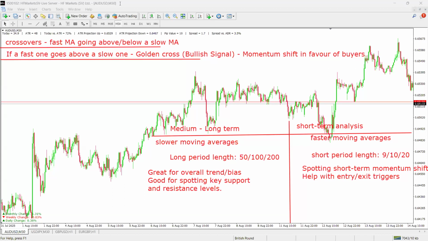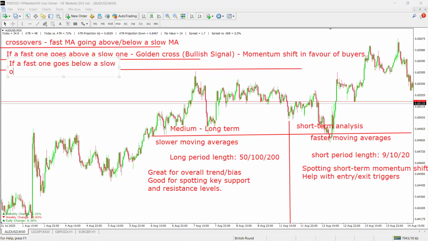And then we also have a death cross. Now, for a death cross, if a fast moving MA goes below a slow one, then in this case, it is called a death cross, which is more or less like a bearish signal.